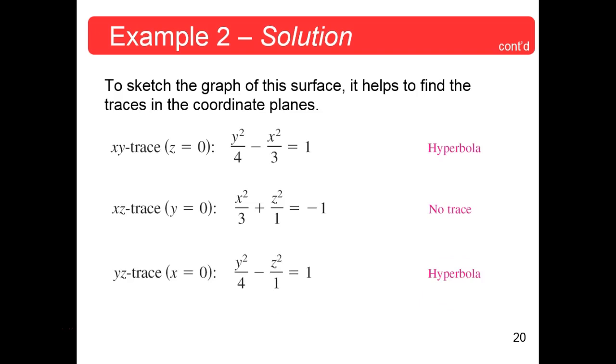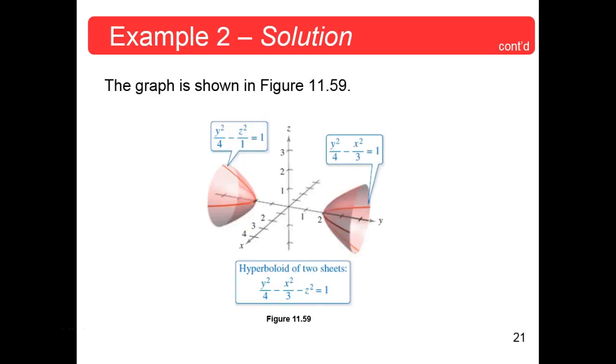So hyperbolas in 2 directions, no trace in the other direction. When y is equal to 0, you get no trace at all. X equals 0, you get hyperbolas this way, and z equal to 0, you get your hyperbolas that way. That helps draw it.